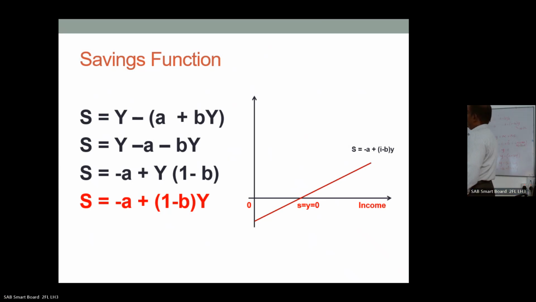You are going to analyze this with the consumption function, the behavior of the consumption function and the income curve. From that you can analyze the behavior of the saving function. So this is the saving function, the first one.